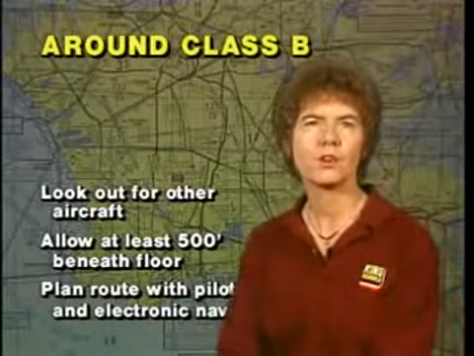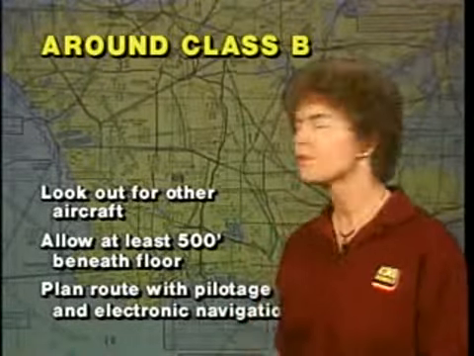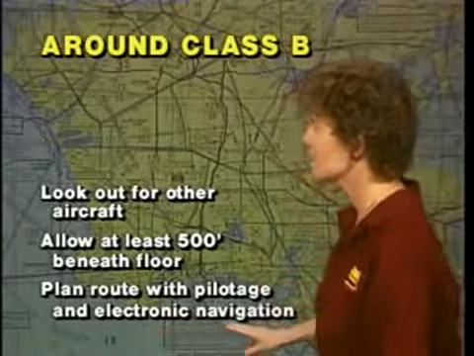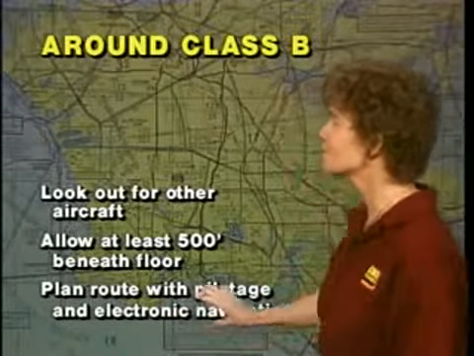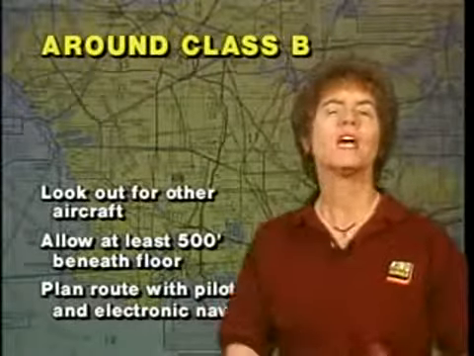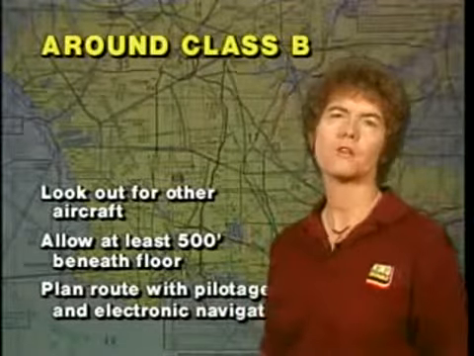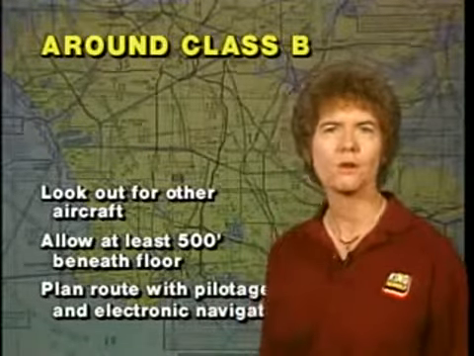And you want to make sure that you plan your route very carefully in advance using both pilotage and electronic navigation to make sure you're going to be able to tell where your aircraft is all the time, and that you do not get into airspace that you do not have a clearance to go into, that you do not intend to go into.